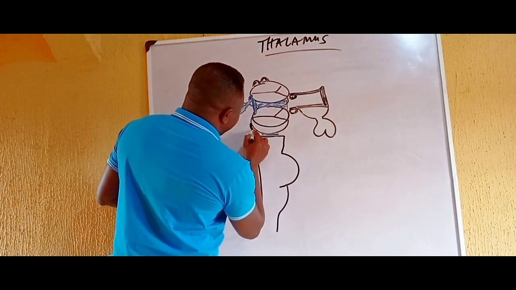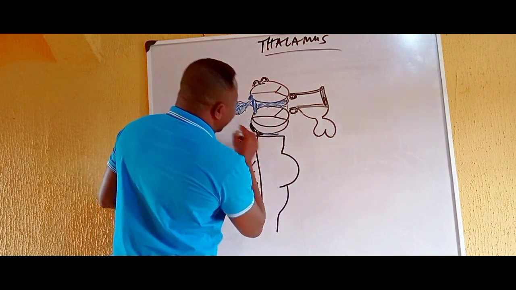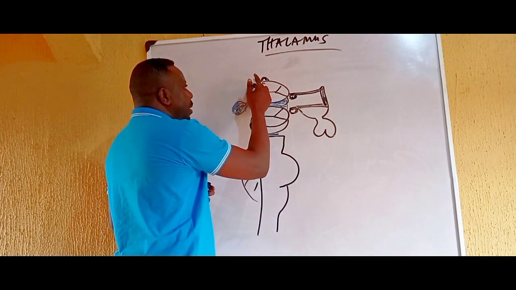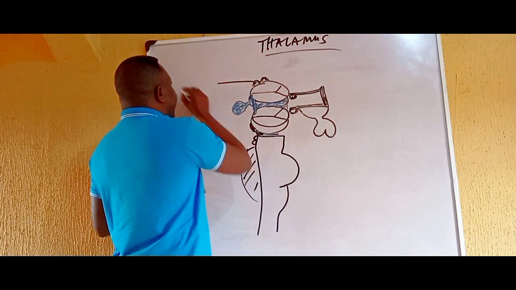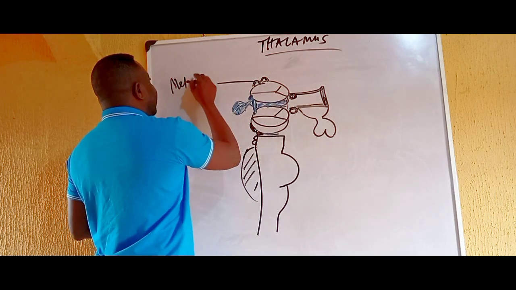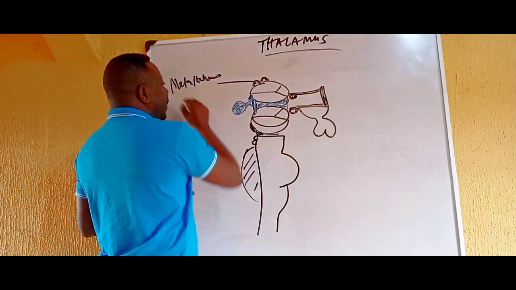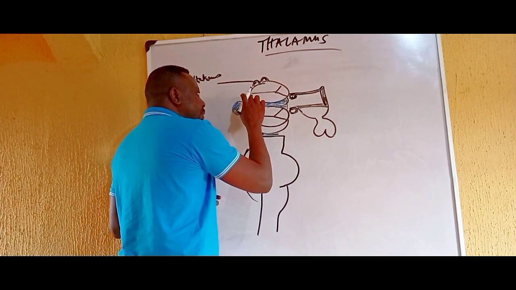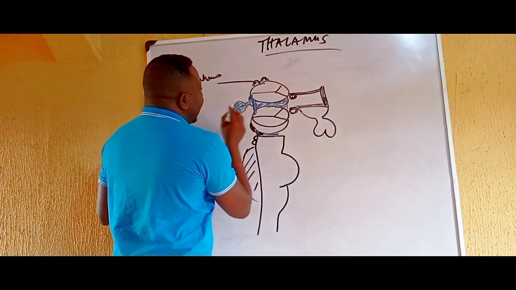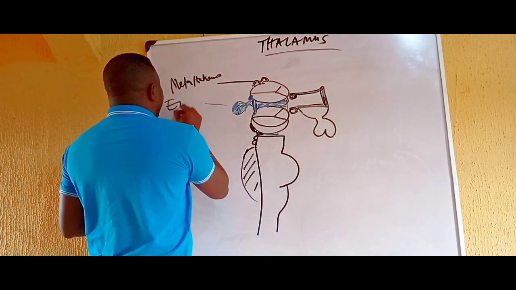Now, the medial geniculate body and the lateral geniculate body are actually known as the metathalamus. The pineal gland, the habenula nucleus, and the habenula commissure form the epithalamus.